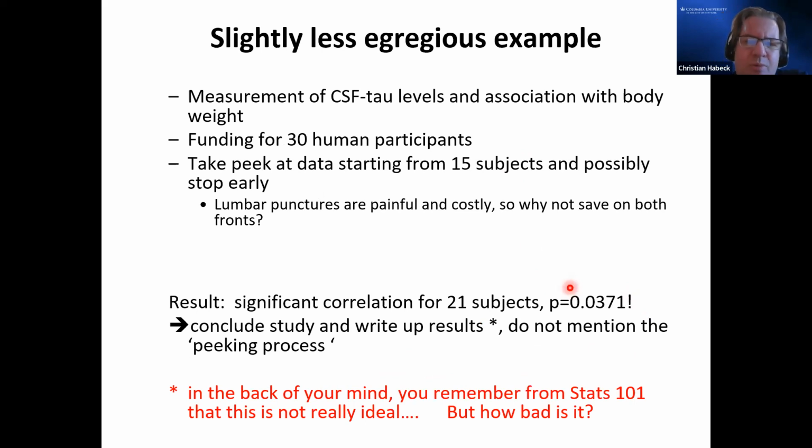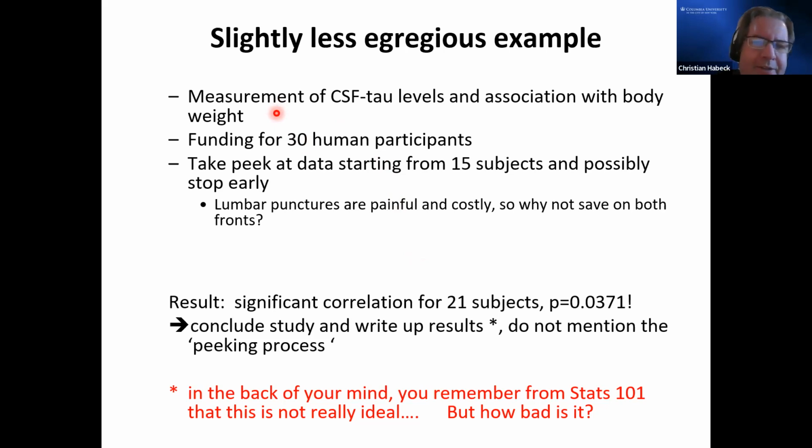Then here's a more subtle one. This is again mock data that wasn't really measured, but I made it up. Imagine you take CSF tau levels in the body, and you want to associate it with body weight. This is totally hypothetical.